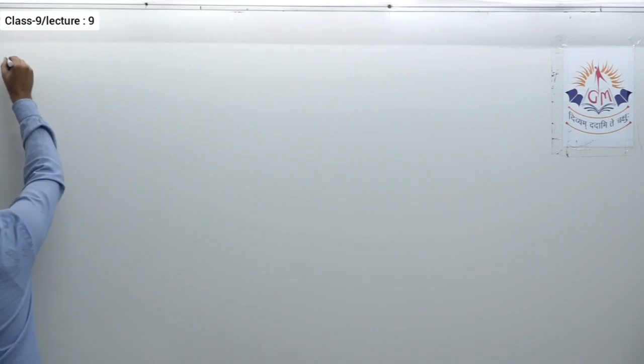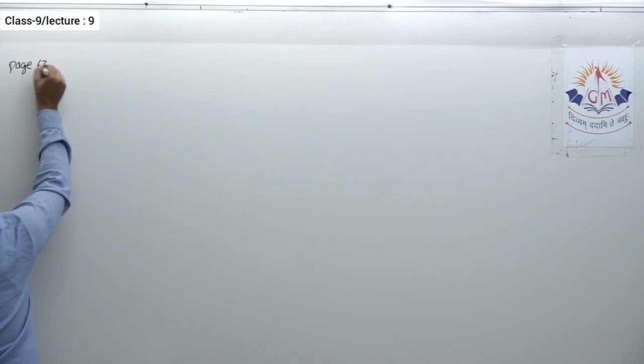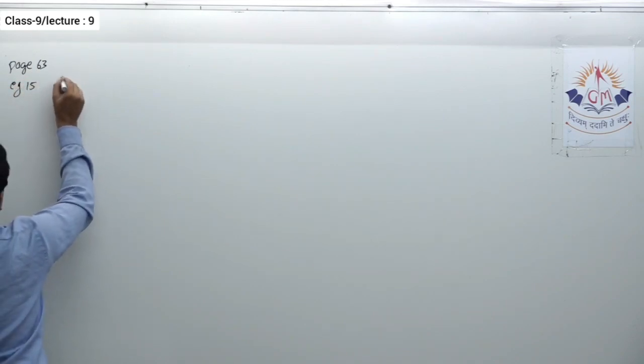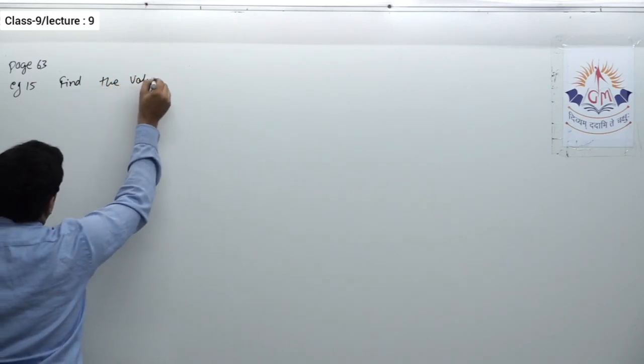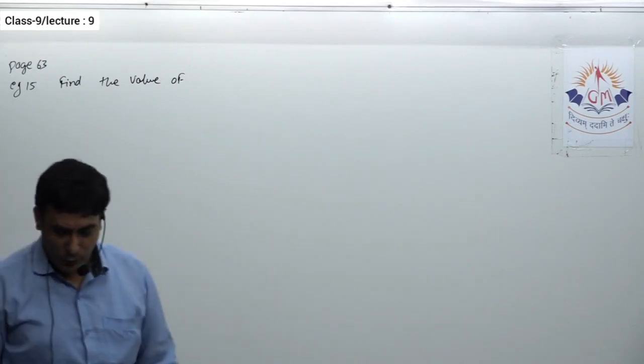Okay, the question is: find the value of, it's on page number 63, example number 15. Find the value of, okay, one expression is given, its value we have to obtain.